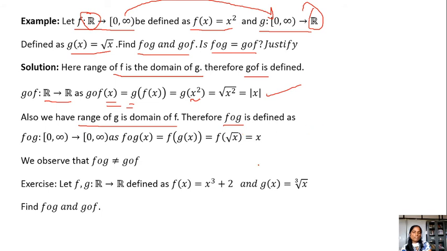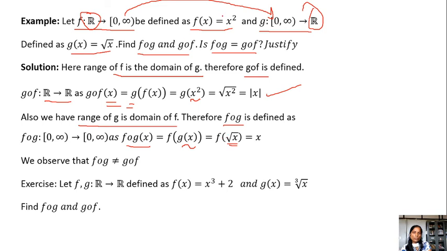You will get f composite g from [0, infinity) to [0, infinity), and f composite g operating on x is f outside, g operating on x. Whatever this element is, you have to apply f on that. So what is g of x? It is square root of x. Now this is a new variable, say beta.